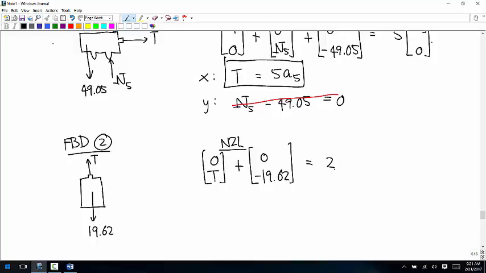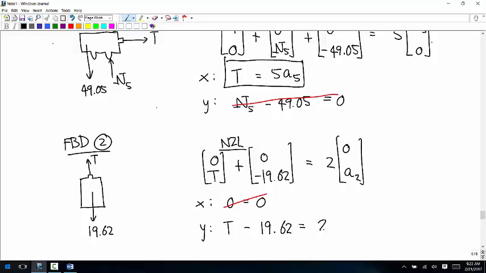What do we know about the acceleration of this body? It's vertical. Yep. So I'll write this as 0, A2. The x equation says 0 equals 0, so we know we can't use that. The y equation says T minus 19.62 is equal to 2a2.